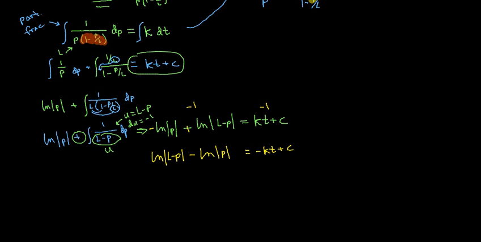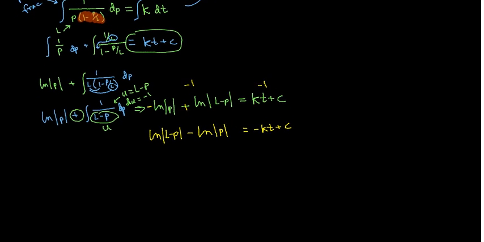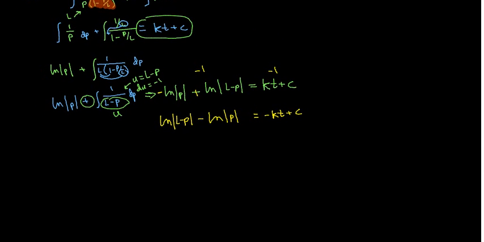Alright, now we can use the property of logs. When you have logs that are subtracting, you can write them as one natural log, but you turn them into a fraction. L minus P is on top, and on the bottom you have P. It's kind of a nice property of natural logs. On the other side we still have negative kt plus c.